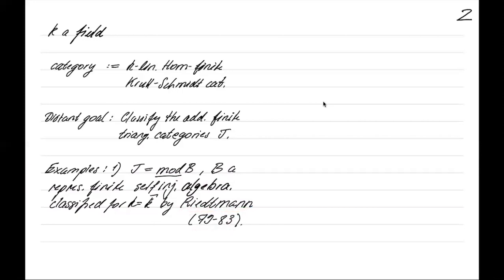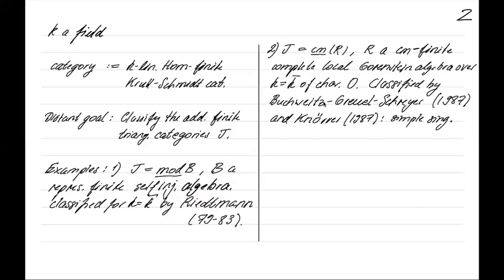Now the second class of examples comes from commutative algebra. Suppose we take a complete local commutative Gorenstein algebra R over a field of characteristic 0, which is algebraically closed. Then we look at its category of maximal Cohen-Macaulay modules. This is again a Frobenius category, so its stable category is triangulated.